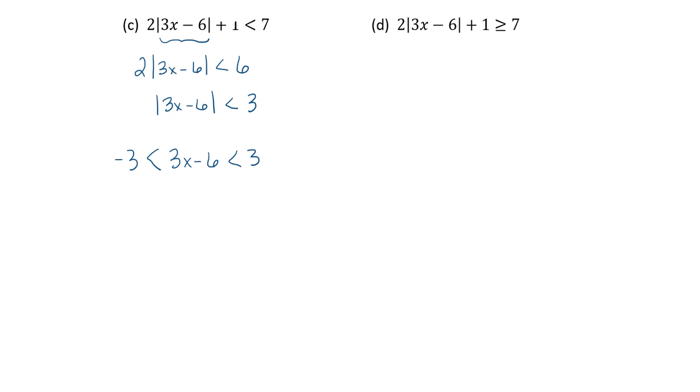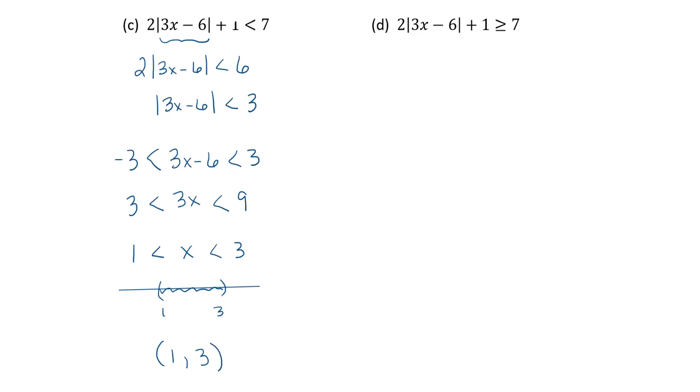So I'm going to go ahead and add 6 to all 3 parts. That gives me 3 is less than 3x is less than 9. And I'm going to divide by 3. So I get 1 is less than x is less than 3. You can graph this and you'll have between 1 and 3 in your solution set, and in interval notation from 1 to 3.